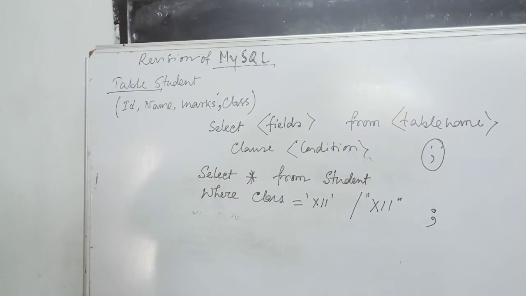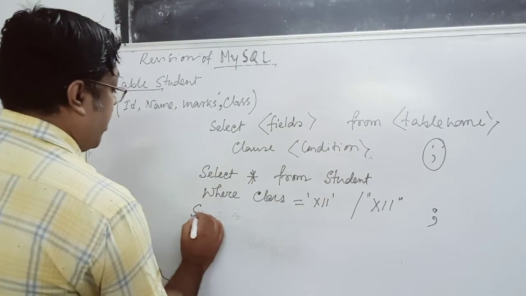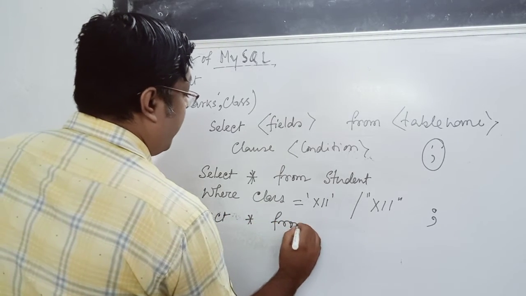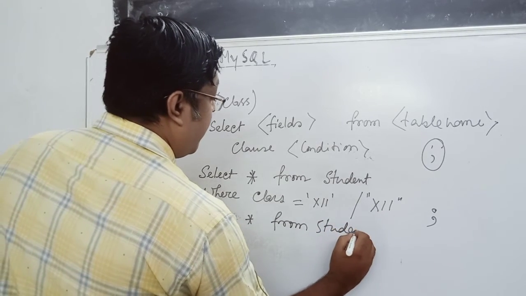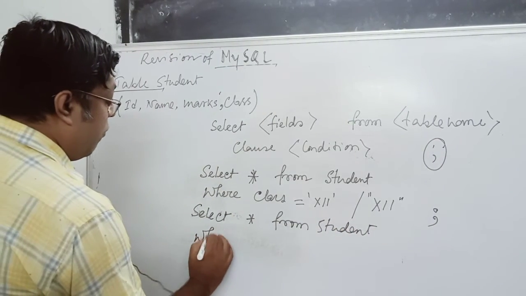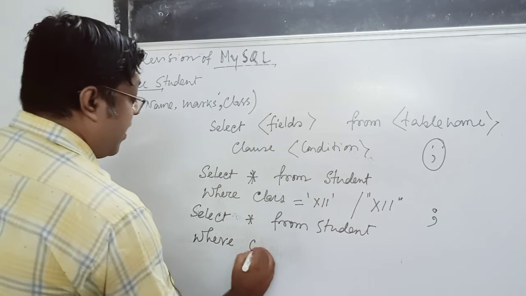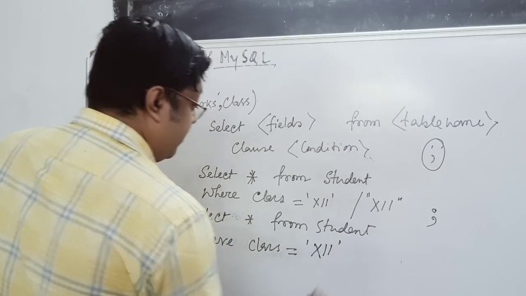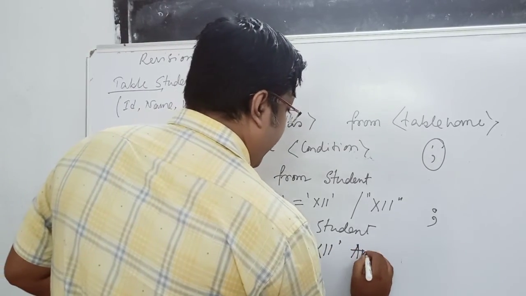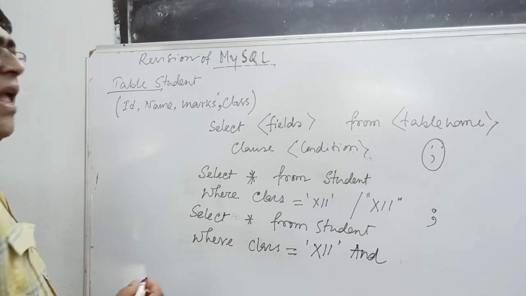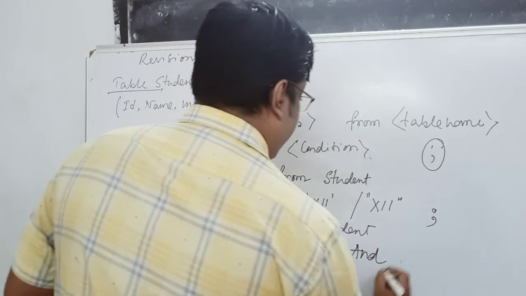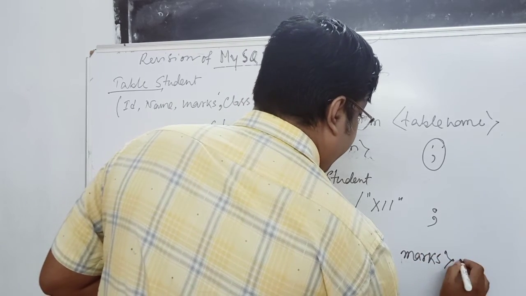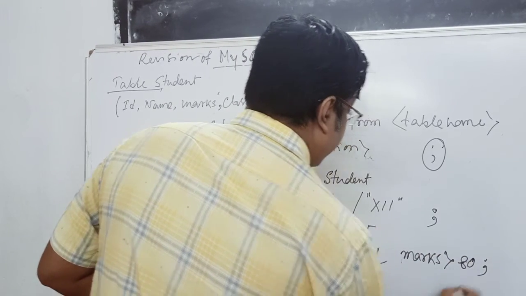Which type of query do we have to write here? At first we write SELECT * FROM student, then WHERE class = 12 and, using a logical operator, marks greater than 80%.